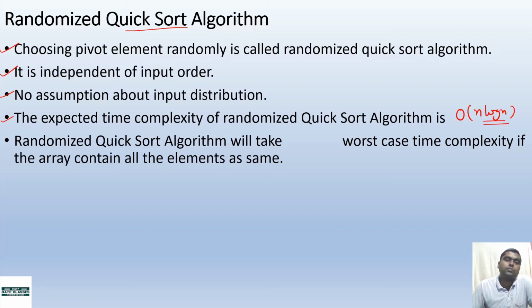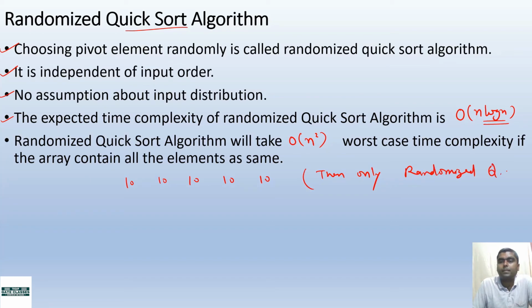And randomized quicksort will take what? Order of n square when all the elements are same, like 10, 10, 10, 10, 10. Then only randomized quicksort will take order of n square time.